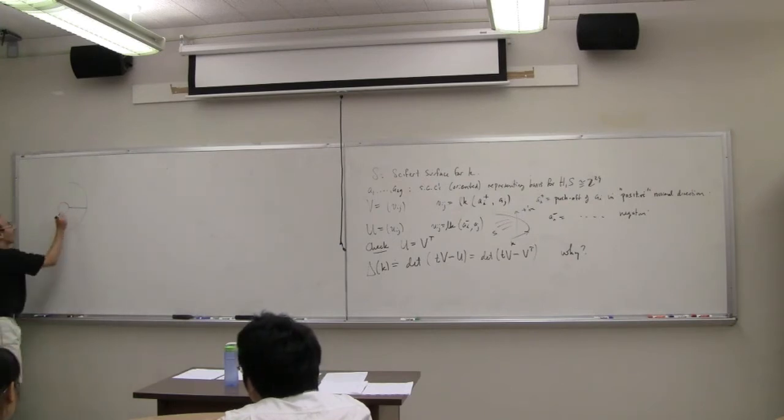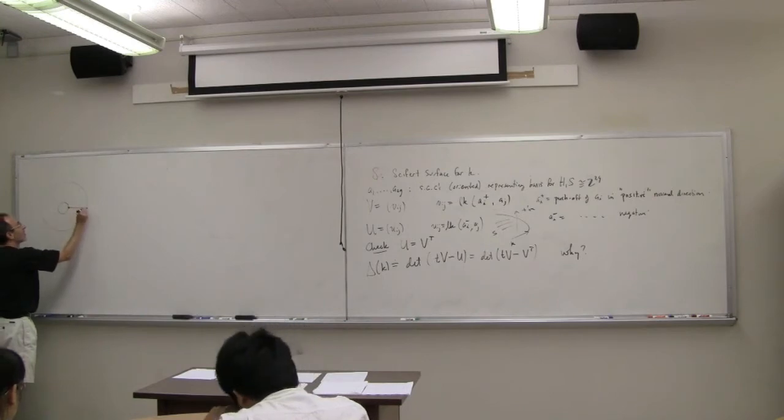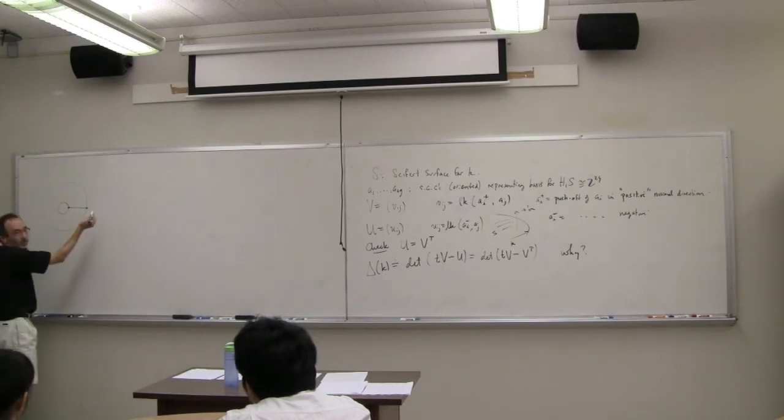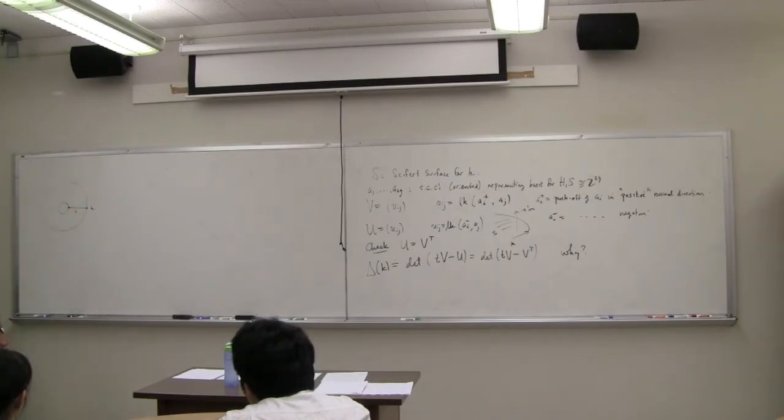And so you could say this is a longitude on the torus, which represents the knot K. Just think of it as the knot K. And this would represent what you see with the Seifert surface. It's actually a very useful picture. So here's the meridian going around. And this is the exterior.